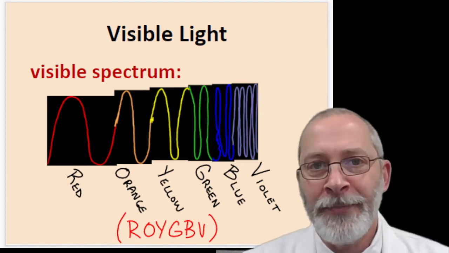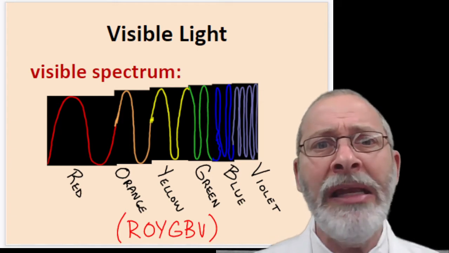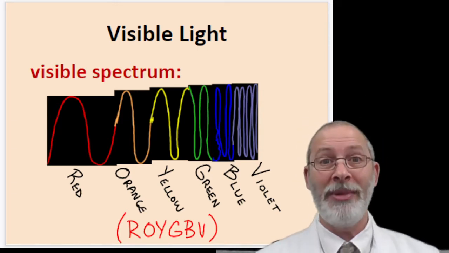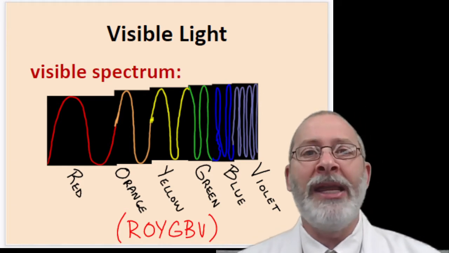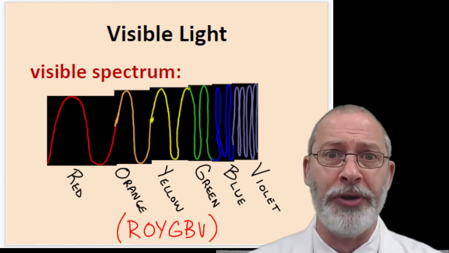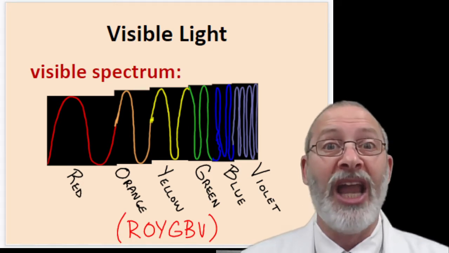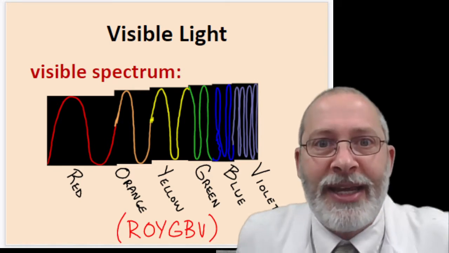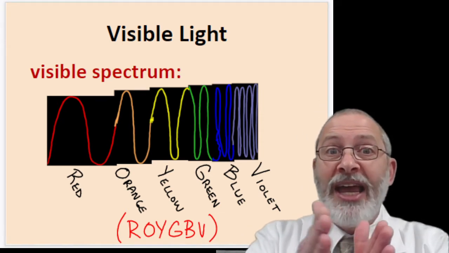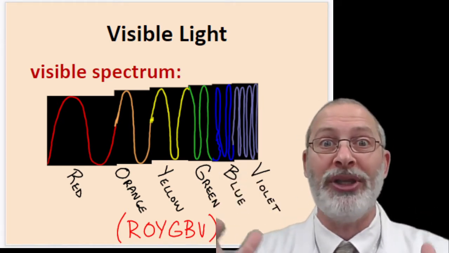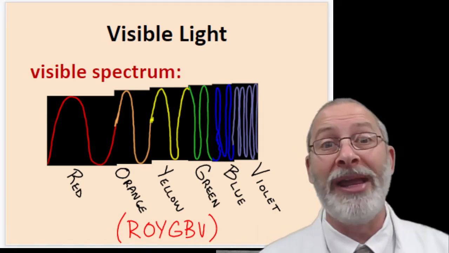Now, here's the deal. Some of you might be saying, hey, wait a minute. What about indigo? Yeah, let me tell you a little story, okay? Many, many years ago in the 1600s, when Isaac Newton was first exploring light in great detail, he did some famous experiments with prisms and divided white light, visible light, into the spectrum of colors that we call the rainbow.